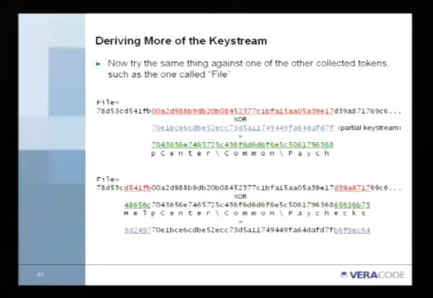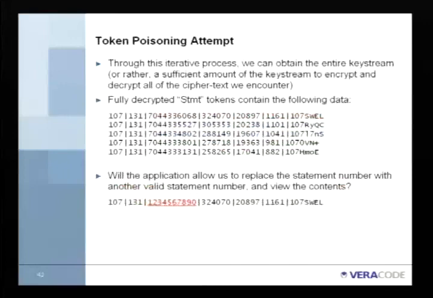We only need as much as the application requires for the longest thing that it's encrypting. Eventually we got, I think, maybe 150 or 200 bytes of key material. And then we could decrypt all those tokens in the application, and start to try and understand what the application was actually passing around.